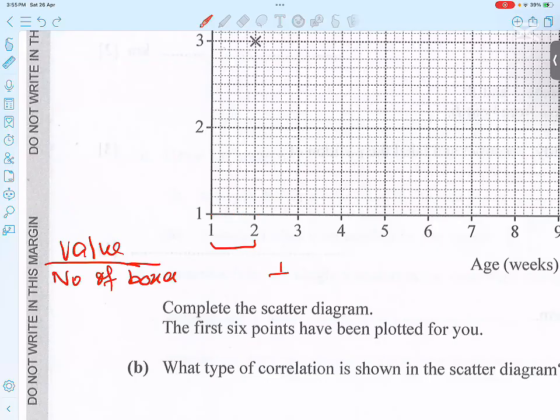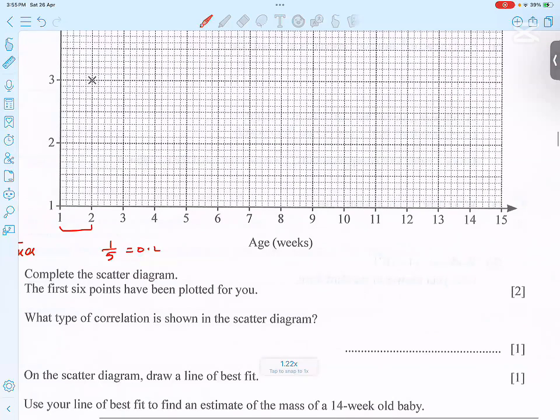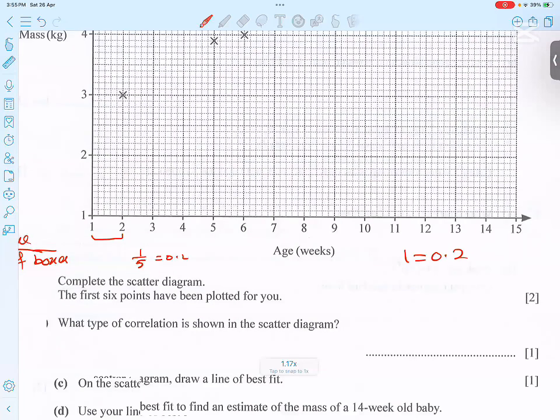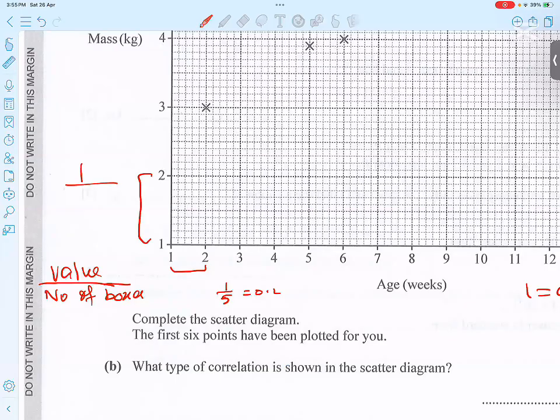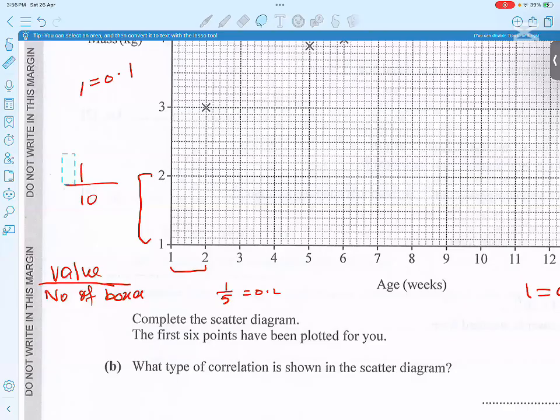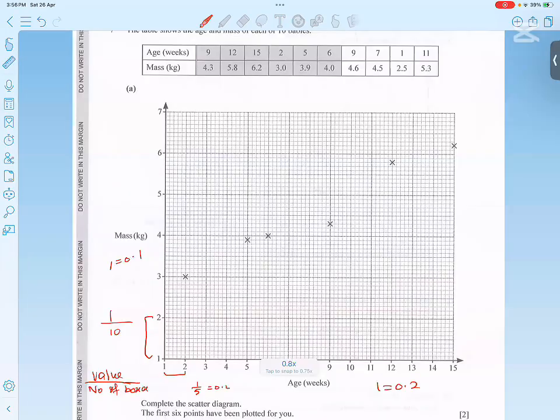So 1 over 5 boxes is 0.2. So I'm writing here 1 box is 0.2 along the x-axis. What about here? 1 over 10, so 1 box is equal to 0.1. These things are very, very important, and don't take it casually, because if this is wrong, your whole question is wrong. So be careful.